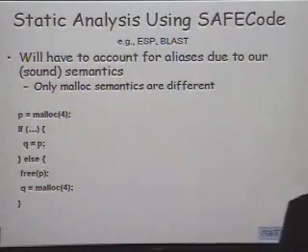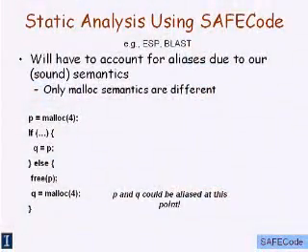So if you want to do a flow sensitive analysis using our semantics, you have to make changes to your analysis. You have to make changes to what you think about malloc. So you have to change the malloc semantics of the program. In particular, you have to assume here that p and q could be aliased because p and q are put in the same pool. So I believe this is a local change that you need to do when you reason about malloc in your analysis too.